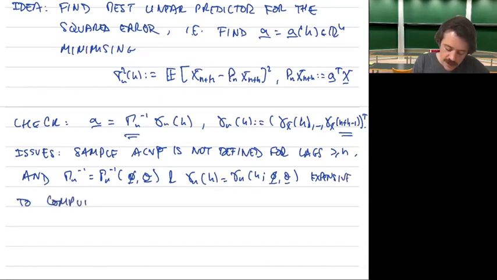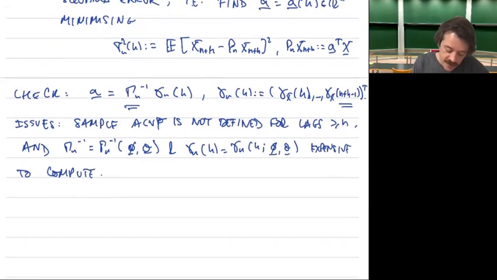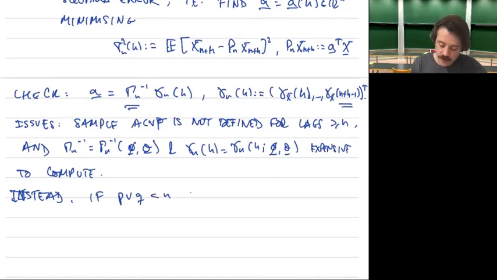Okay, so just as in estimation, we can instead go via the innovations algorithm. So instead, if the maximum between P and Q is strictly less than n, just for simplicity, okay, otherwise the expression changes.